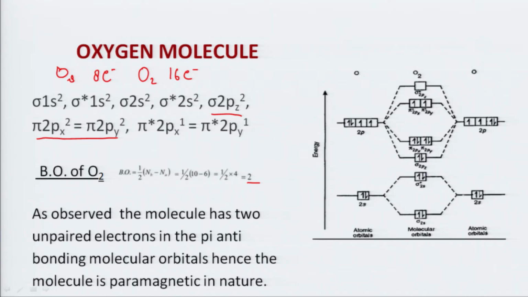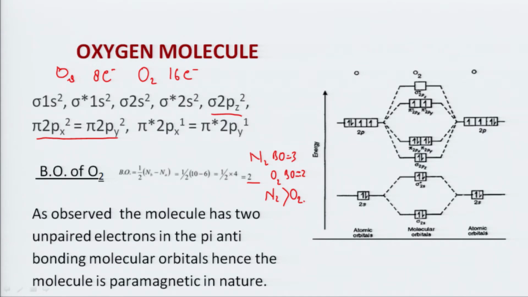The reason why N2 is stronger than O2, we just learnt in the previous lecture, is that N2 had a bond order equal to 3 and O2 has a bond order equal to 2. So, therefore, the higher the bond order, the stronger the molecule. Okay. So, that is the answer to this particular question.